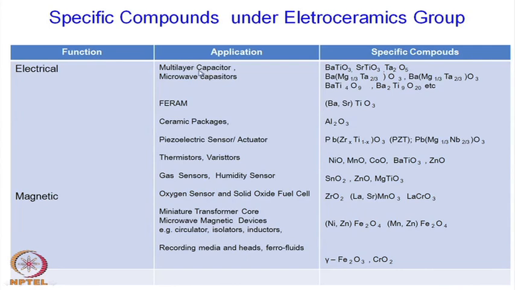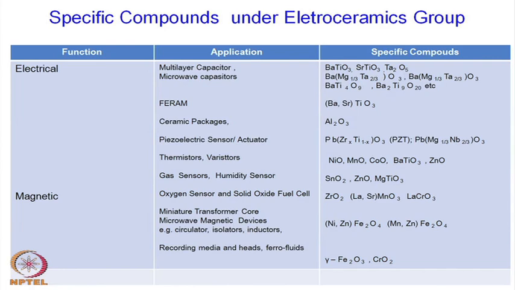We will discuss the exact details of the multilayer capacitors, what are the characteristics required for this particular device, at a later stage. But for the time being, let us see what are the different compounds normally used for multilayer capacitors, because these compounds are known to have a very high dielectric constant.